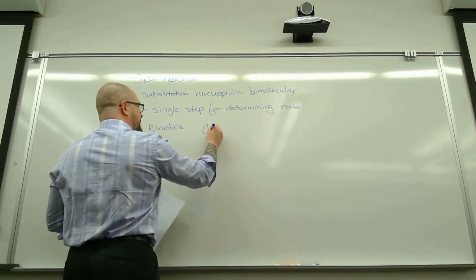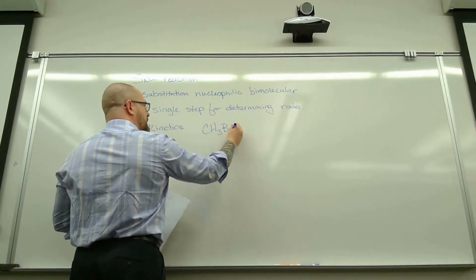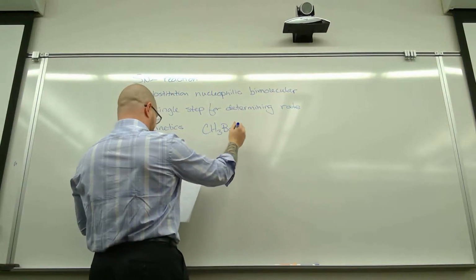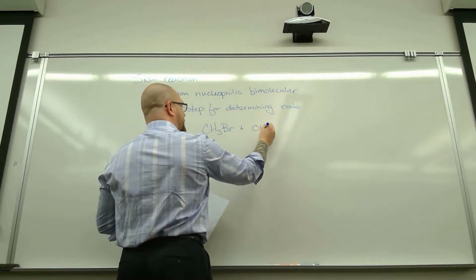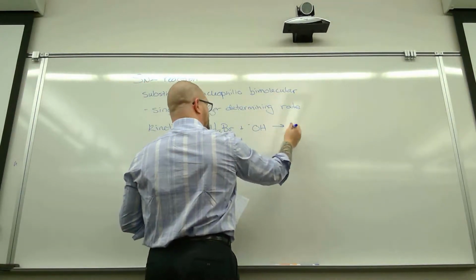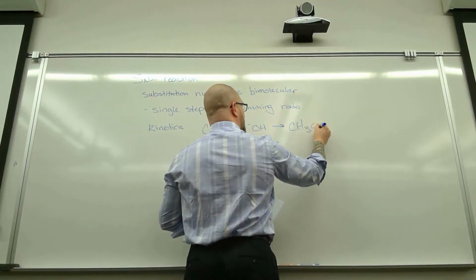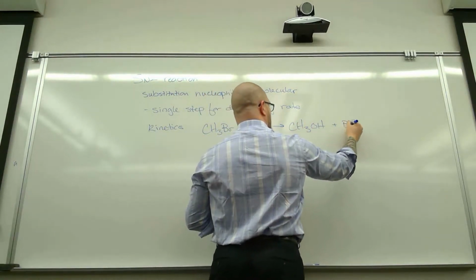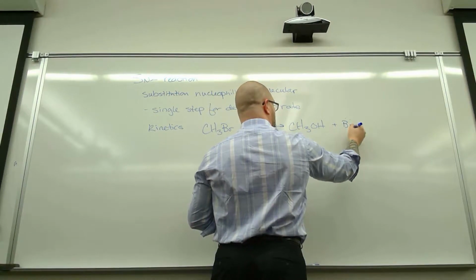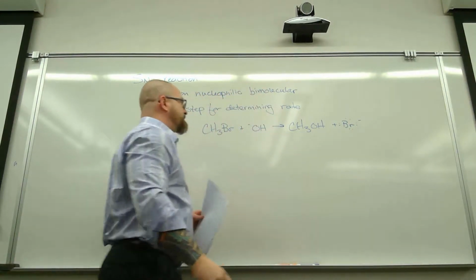So if you have some generalizable methyl bromide plus hydroxide, this is going to react to form methanol and bromide.